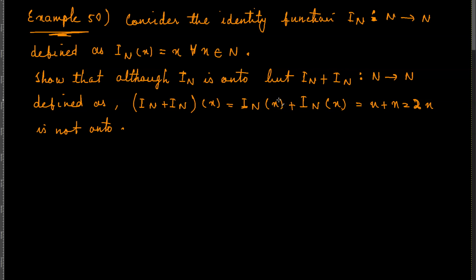what you need to do is that, let's see. Okay, so now in order to show that I of n plus I of n of x is not onto, in this particular case there is an easy way to do it.